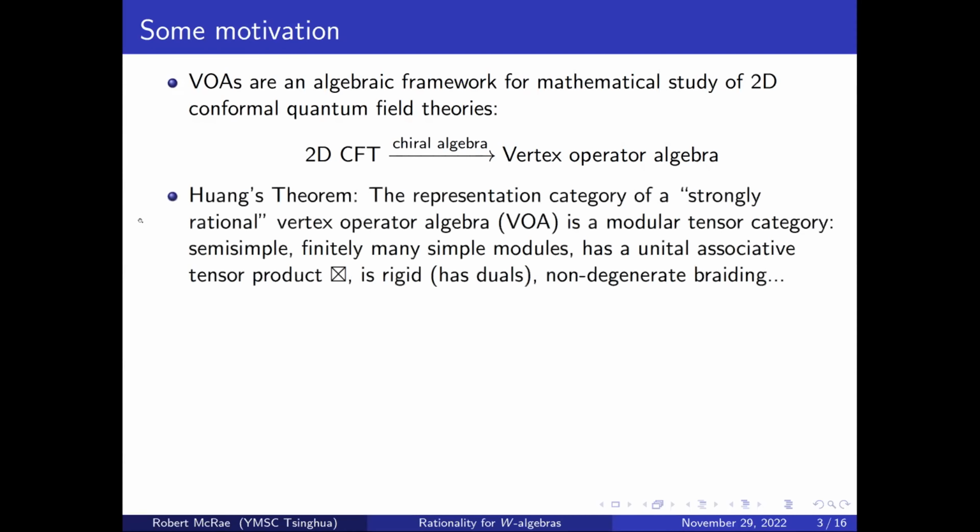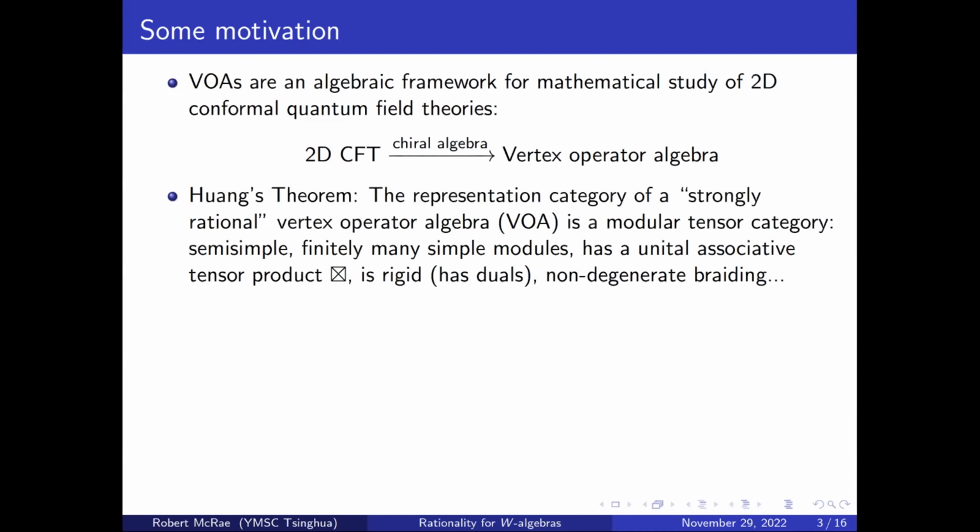And another motivation is this theorem by Huang, which states that the category of representations or modules of a sufficiently nice vertex operator algebra, where sufficiently nice means strongly rational, is a modular tensor category.